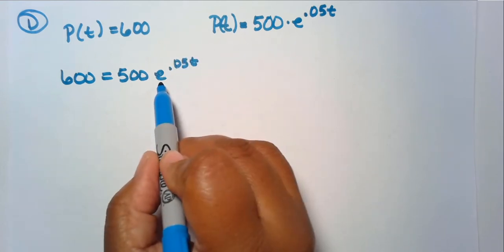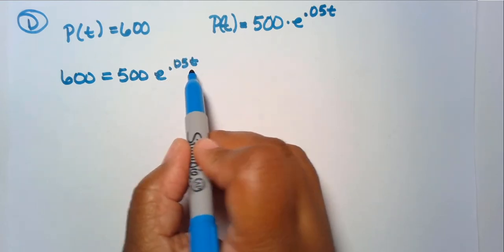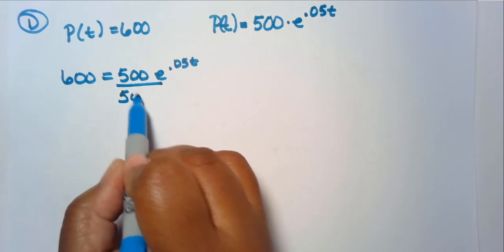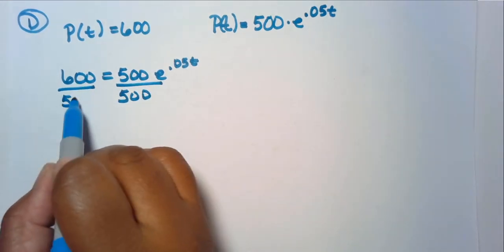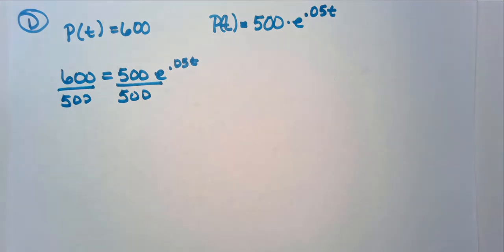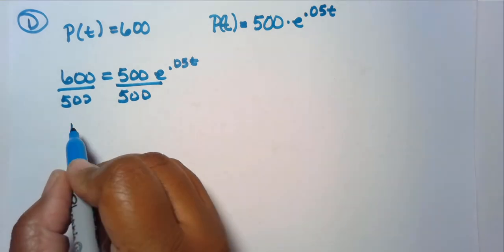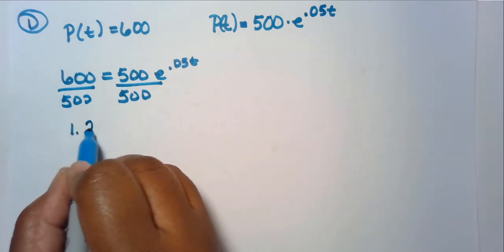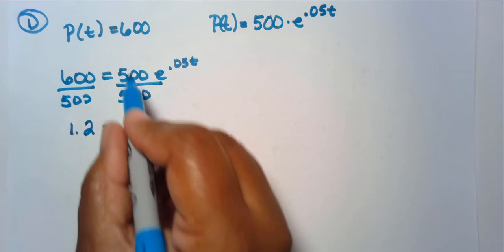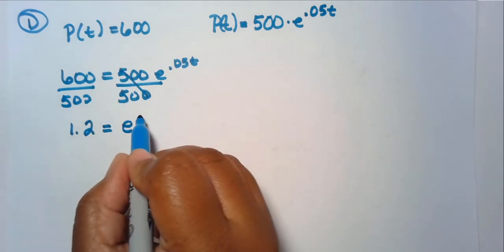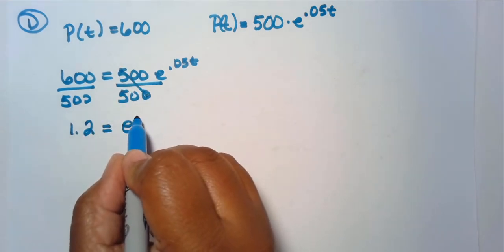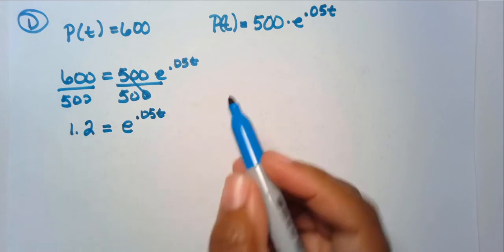We want our base e to be by itself, so we're going to divide both sides by 500. And 600 divided by 500 gives us 1.2 equals e raised to the 0.05t.